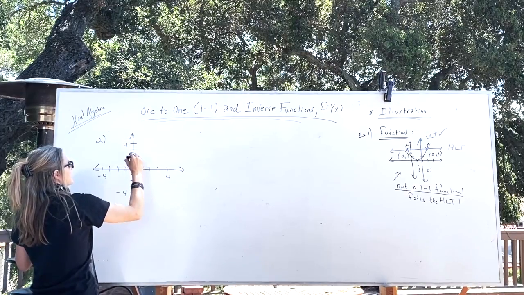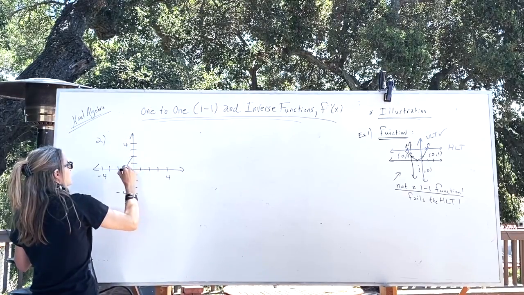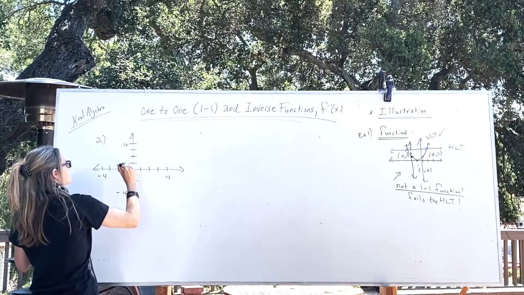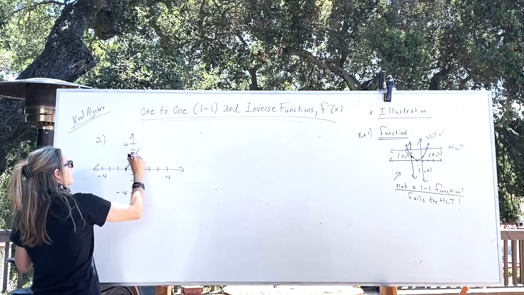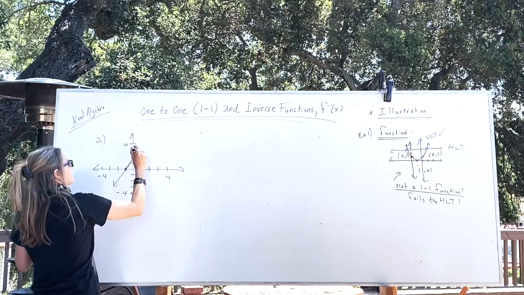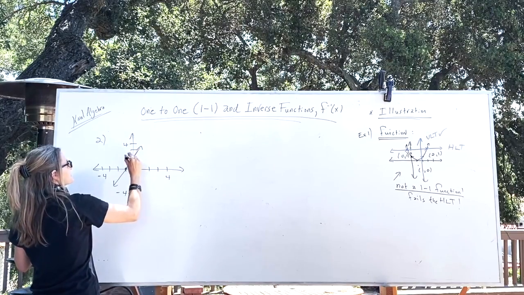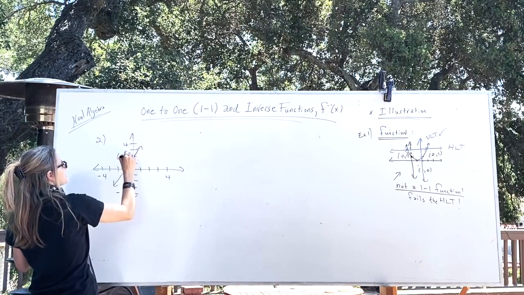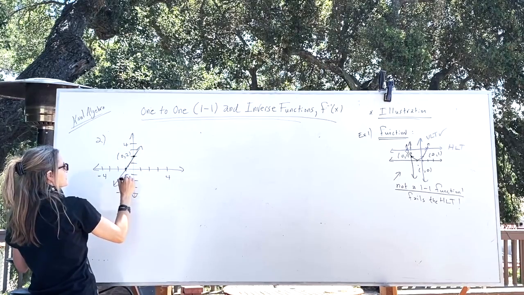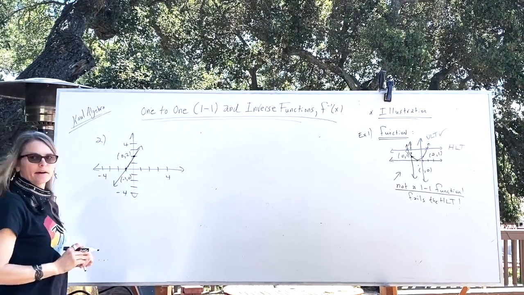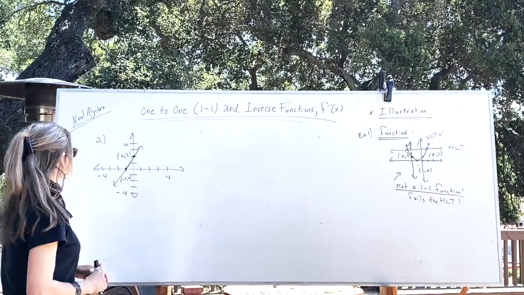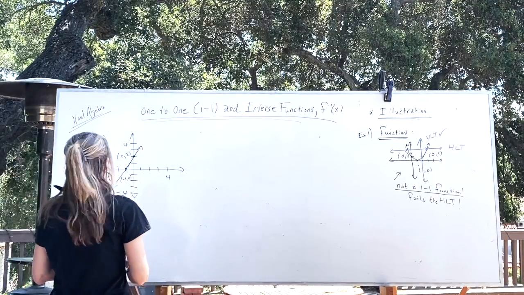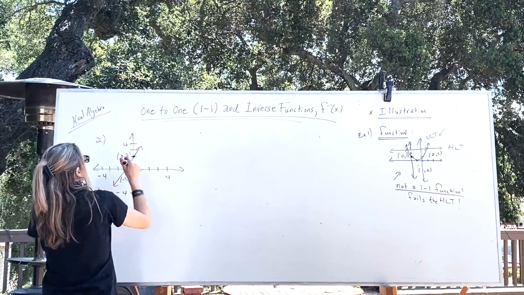So let's say I had a line that crossed with these two points. Here's the point (0, 2). Here's the point (-1, 0). So I have this linear function.